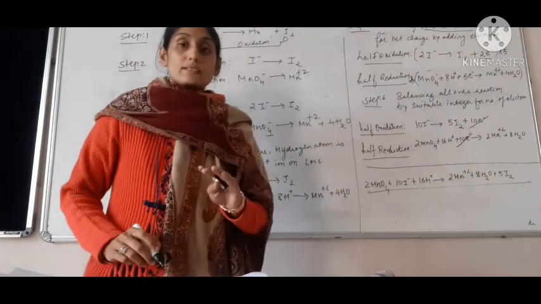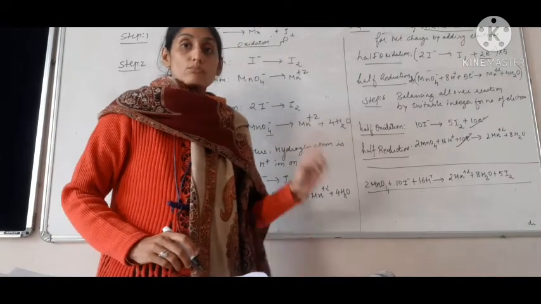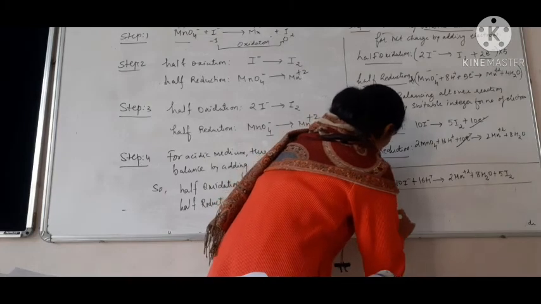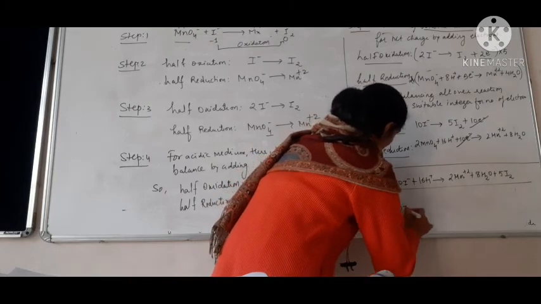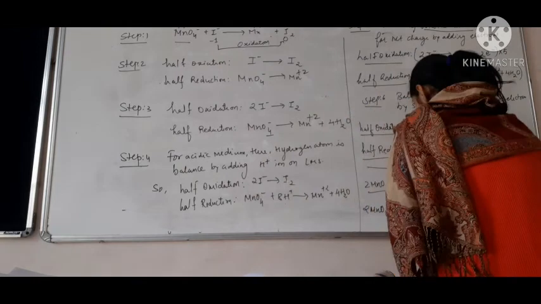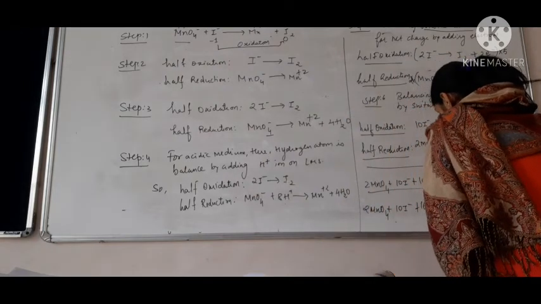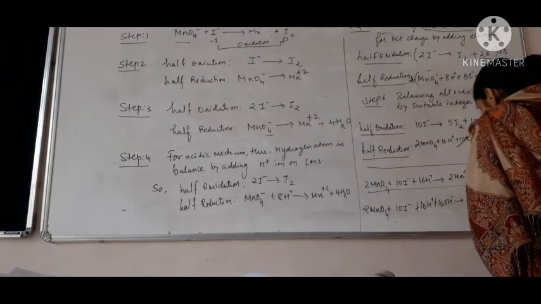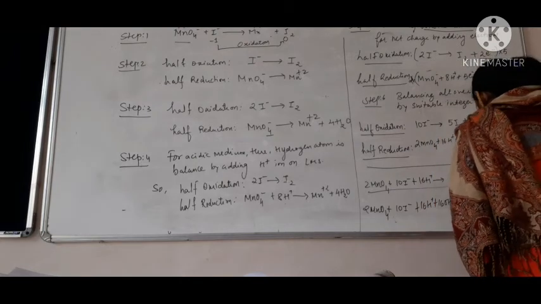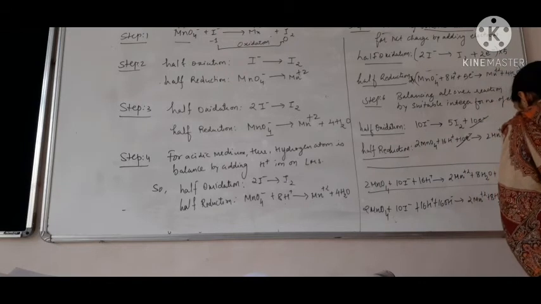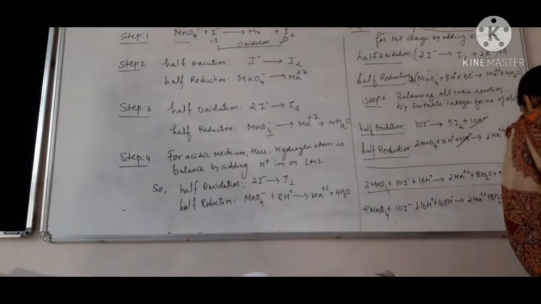तो H plus 16 है तो OH minus 16 हो जाएंगे on both sides. So the next equation for basic medium is 2MnO4 minus plus 10I minus plus 16H plus plus 16OH minus, which gives 2Mn plus 2 plus 8H2O plus 5I2 and again 16OH minus.